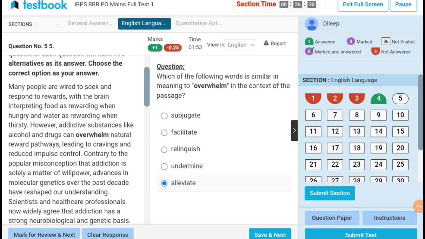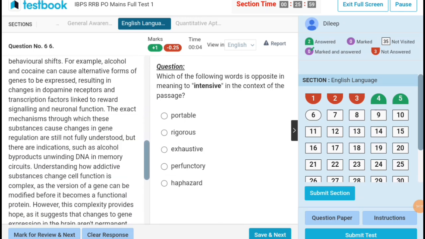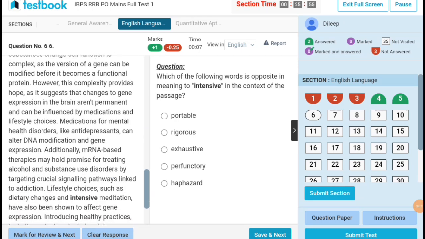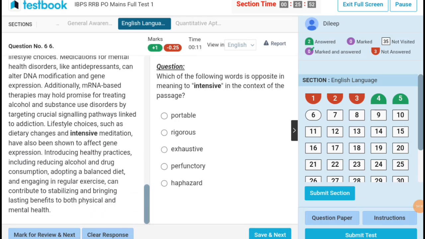I have doubt on elevate and intensive. Intensive meditation. Exhaustive.